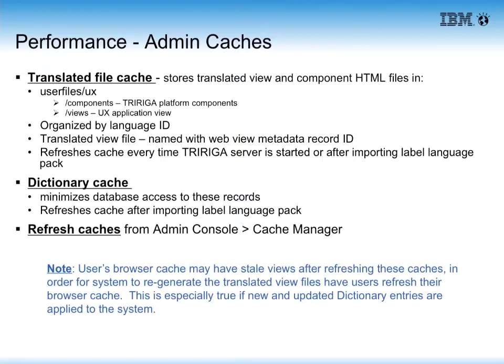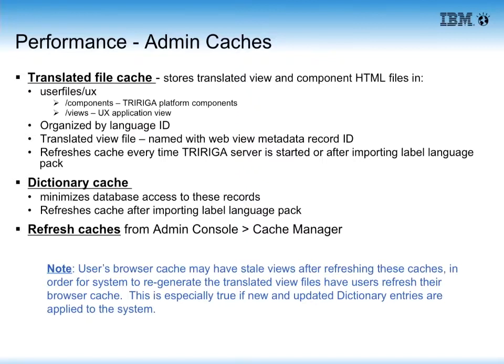And this type of cache will be refreshed every time the TRIRIGA server is started, or every time after importing a label language pack. So similarly, a dictionary cache is created in order to cache the dictionary entries retrieved from the database.